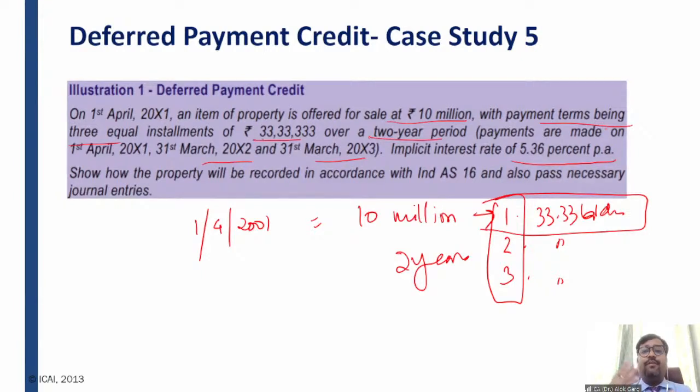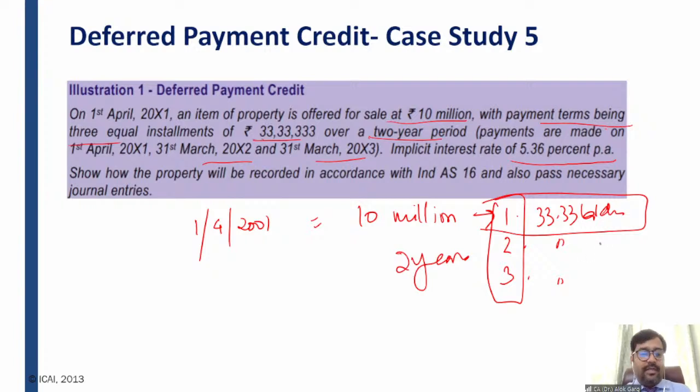So guys, the property is offered for sale at 10 million. And when this property is offered for sale for 10 million, the payment was structured so that the payment has to be made in 3 installments. The first installment has to be paid at the beginning of the period when the company is buying the asset. And the second installment has to be paid at the end of the first year. The third installment has to be paid at the end of the second year, right?